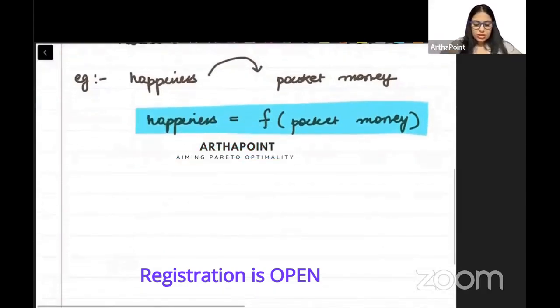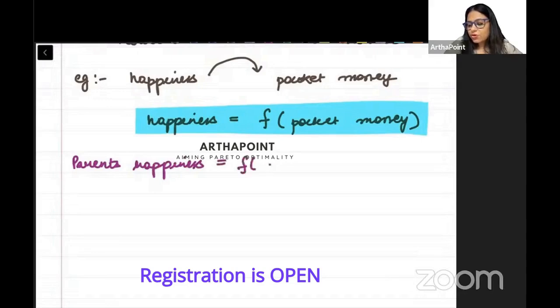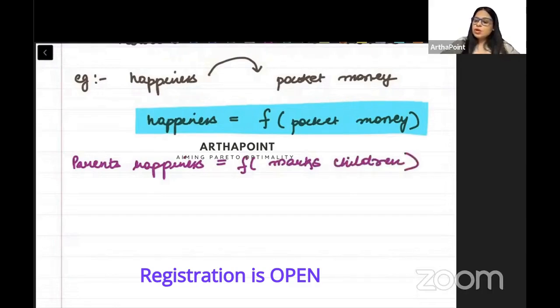ठीक है. Similarly, जैसे मैं बोलूं your parents' happiness किस पे dependent हो सकती है बच्चे? It can be dependent on your marks. So it is a function of marks obtained by children. समझे? So marks obtained is an independent variable.